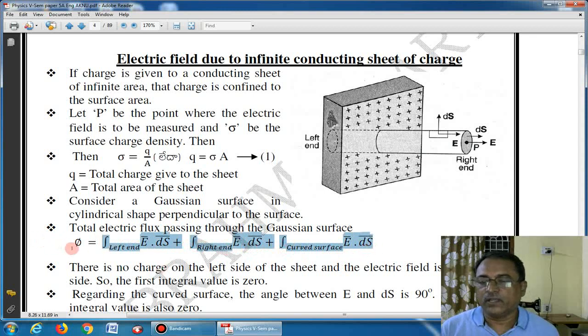The flux phi passing through the cylindrical Gaussian surface is equal to integral E bar dot ds bar for the left, integral E bar dot ds bar for the right hand, and integral E bar dot ds bar for the third, curved surface.